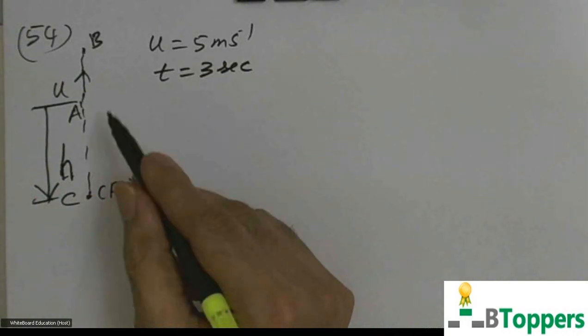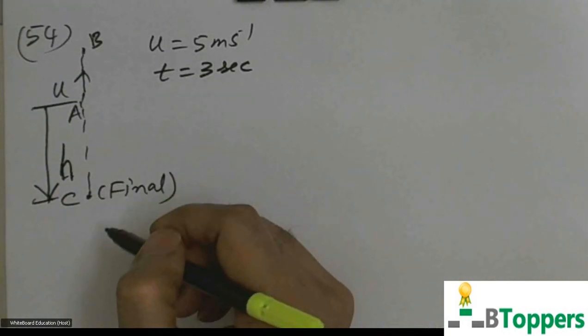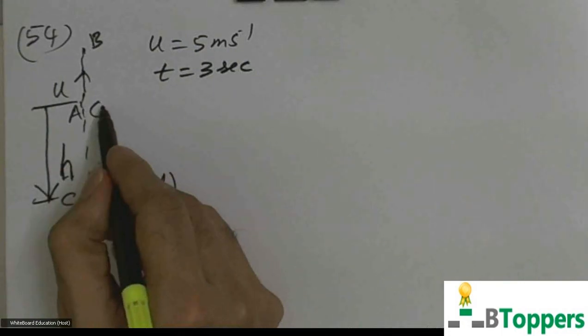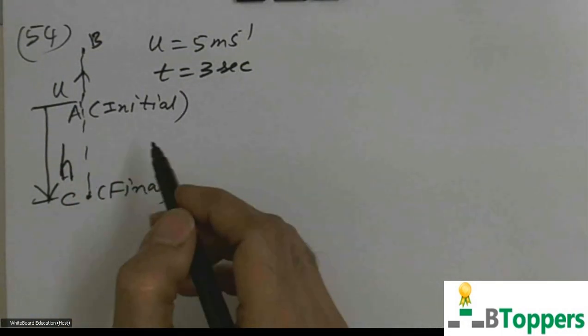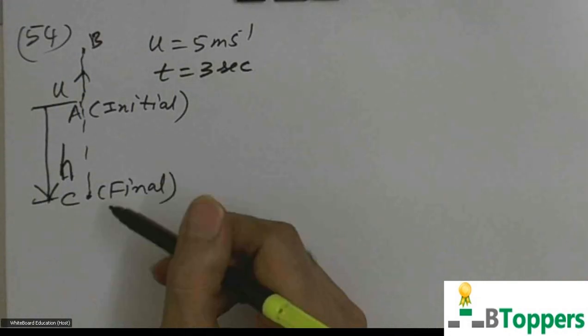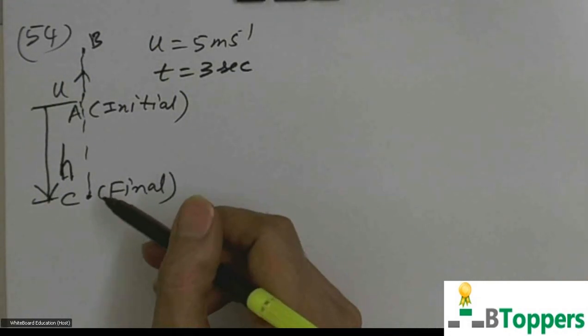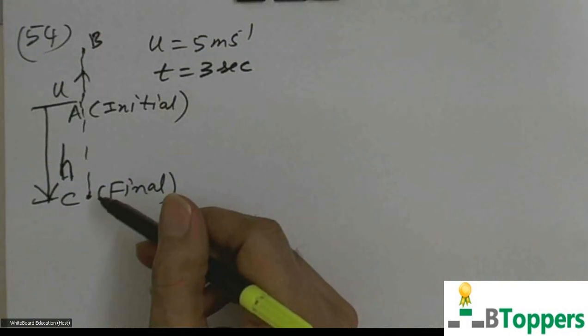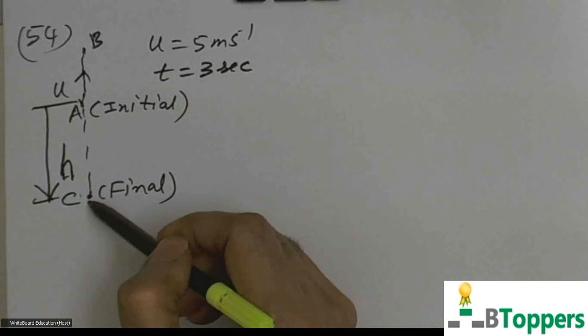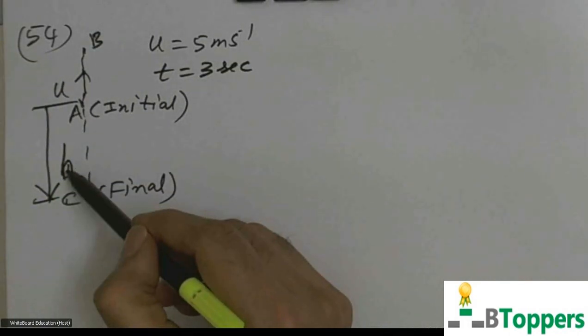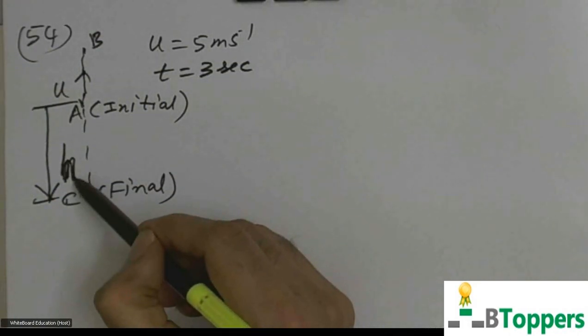So for the entire motion under the influence of gravity from A to B to C, A is the initial position of the stone at the beginning of the motion under the influence of gravity, and C is the final position of the stone just before it strikes the water surface. So the magnitude of the displacement is the shortest distance from A to C, which is equal to the depth H of the water below the top of the well.